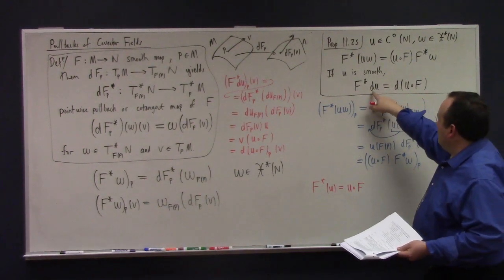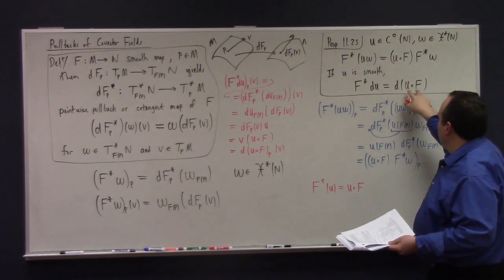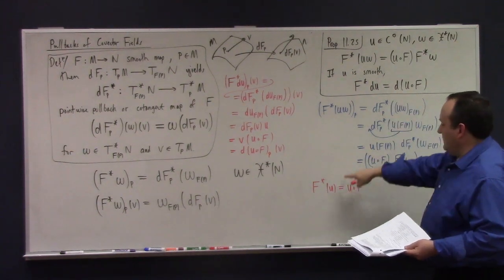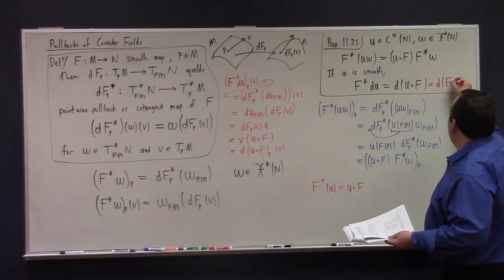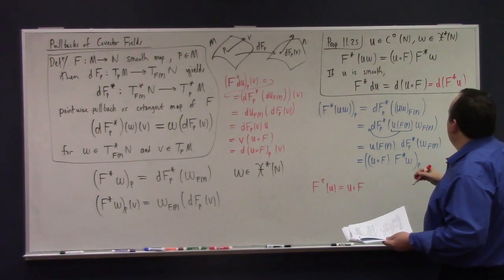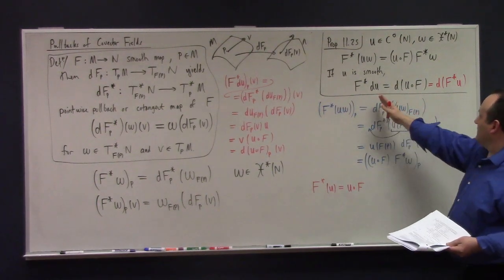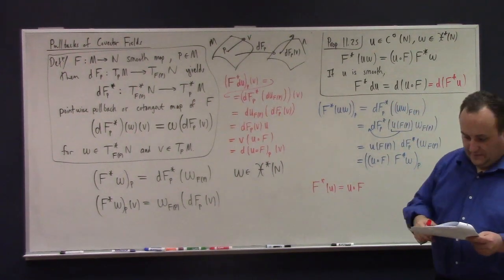It says that if you've got the differential of a function and you pull it back, it's the same as if you first pulled back the function and then differentiated. In terms of this notation down here, this becomes d of f pullback u. You can differentiate before or after the pullback. That's how to think about this.